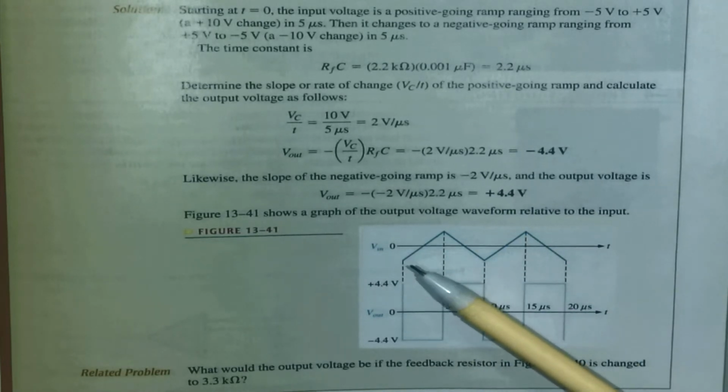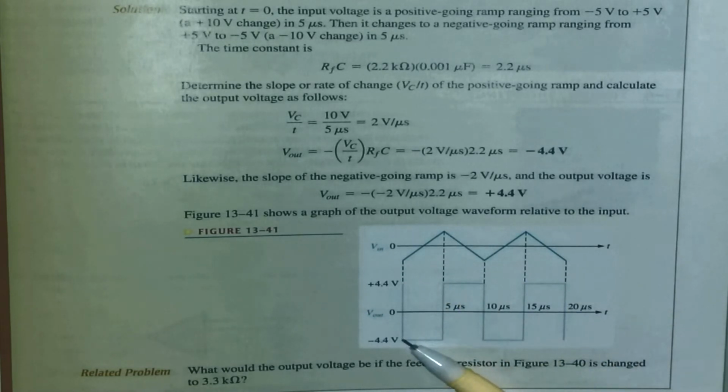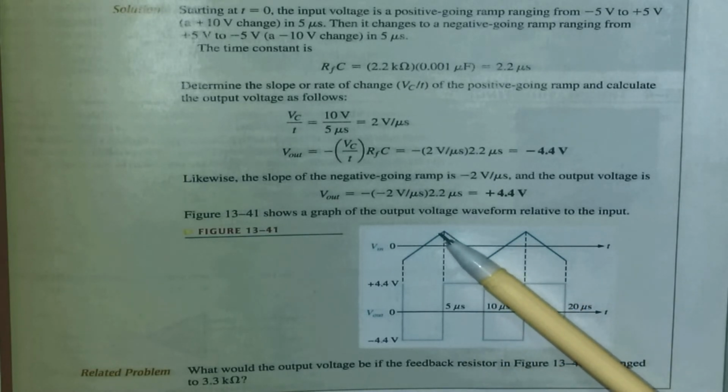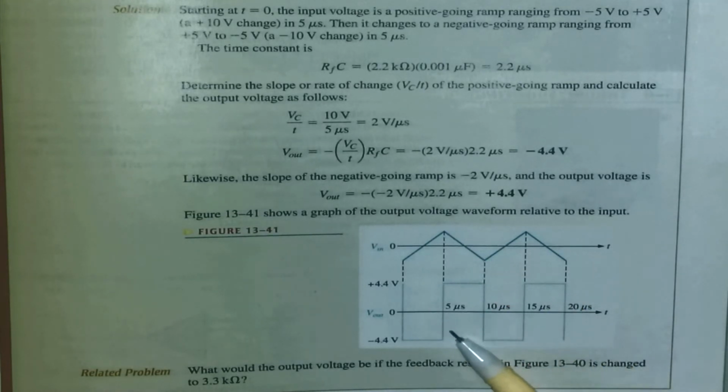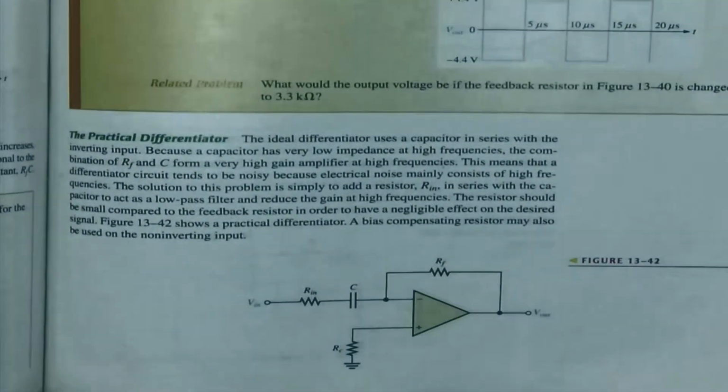All right, now we can notice if my input goes positive, my output will go negative to minus 4.4 volts. When my input signal goes negative, my output will go positive to plus 4.4 volts. There is the output voltage of this opamp differentiator with that input. Practical differentiator.